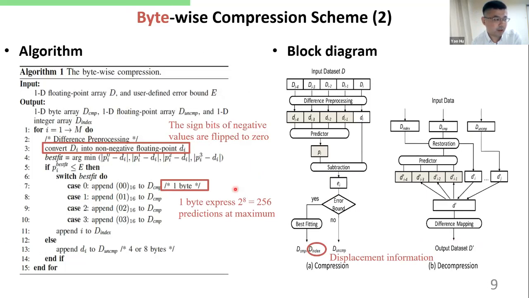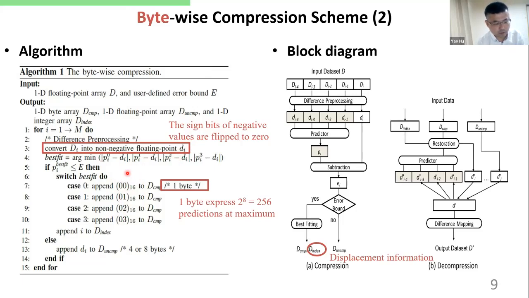This is the algorithm of the bytewise compression scheme. We should notice that before the linear prediction, we convert the input data set into non-negative floating point data. This is to flip the sign bits of the negative values to 0 for the purpose of lossy compression. Here we use 1 byte to express each linear prediction.